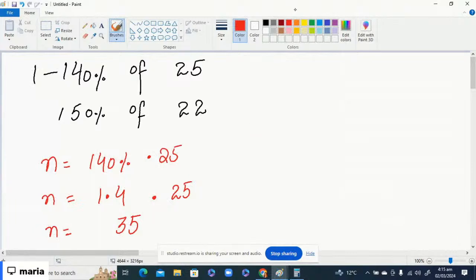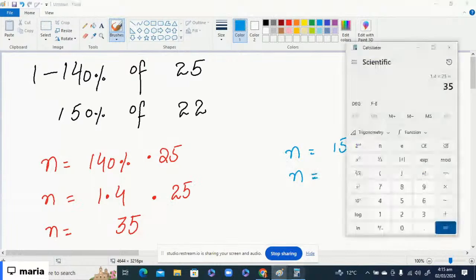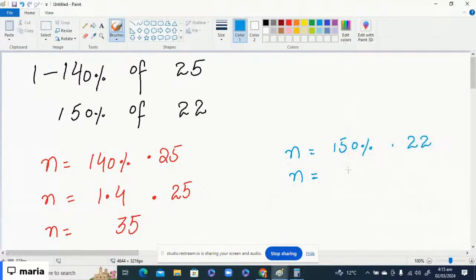Okay, let's do the next. Next is here, n is equal to 150% dot 22. n is equal to, what is 150%? 150 divided by 100. This is 1.5. 1.5 times 22.